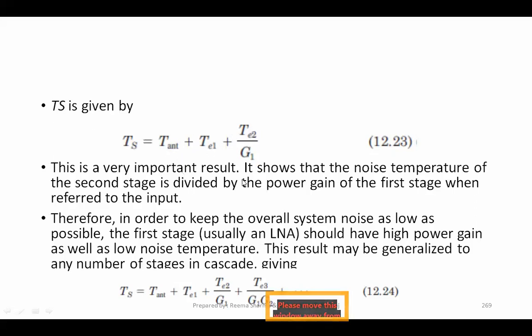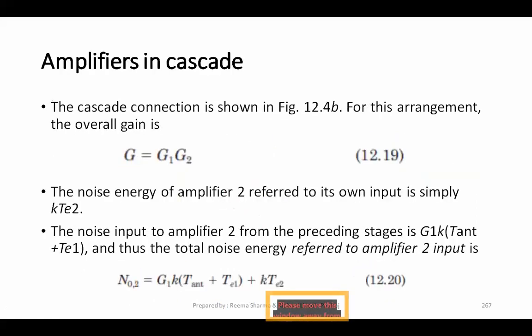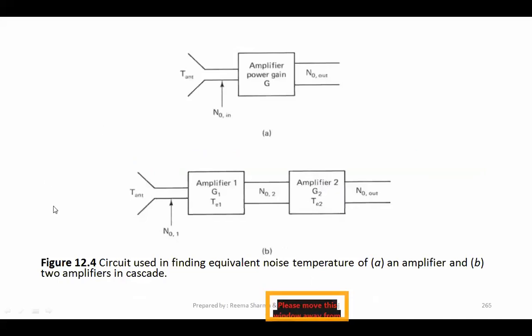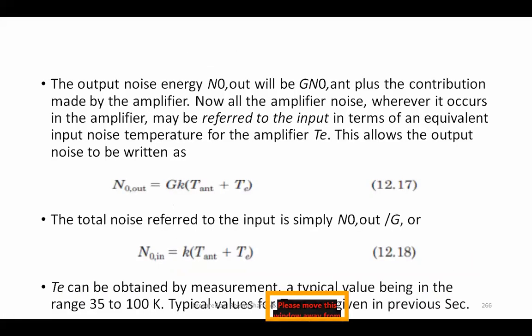This is a very important result because it shows the noise temperature of the second stage is divided by the power gain of the first stage. Why? Because whatever gain you get in the first stage is disturbed by the noise in the second amplifier. So if you directly divide by the gain, the losses are easy to calculate.